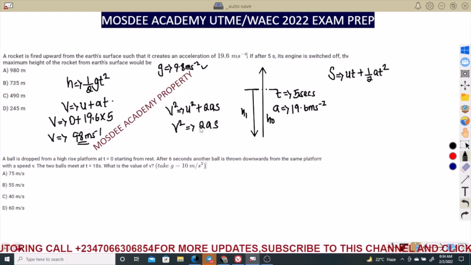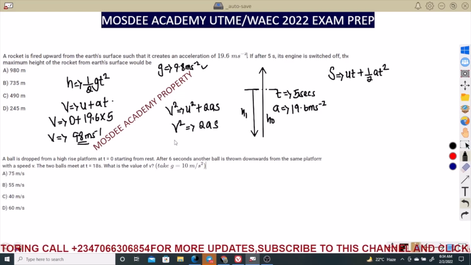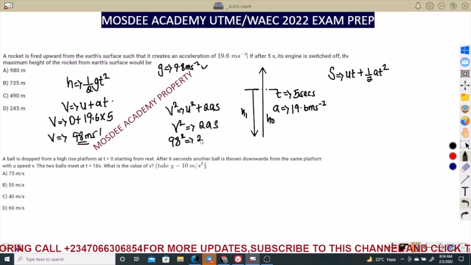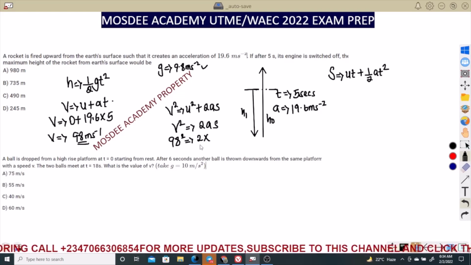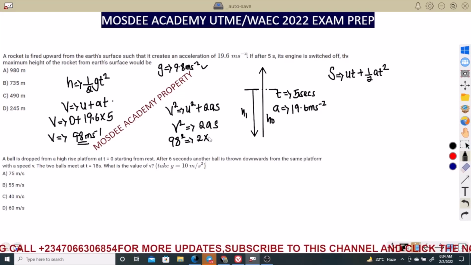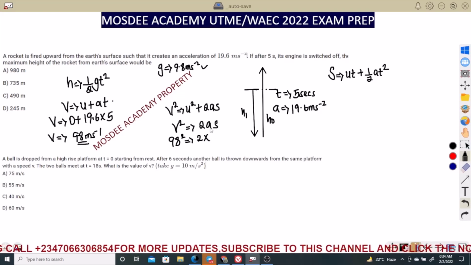So from here, you can write 98 squared equals 2 times... You can see now, this is where you need to be careful not to make a mistake. We want to get the distance it has taken here. We have acceleration... No, this is at our v squared.